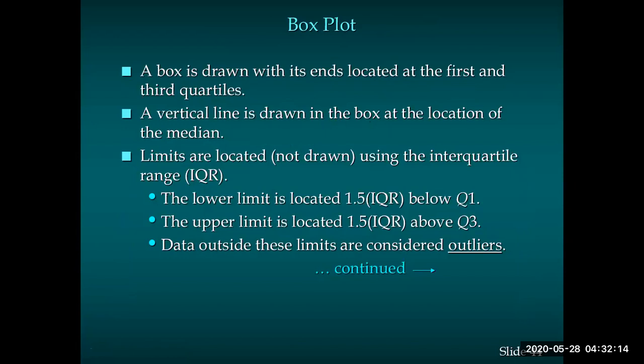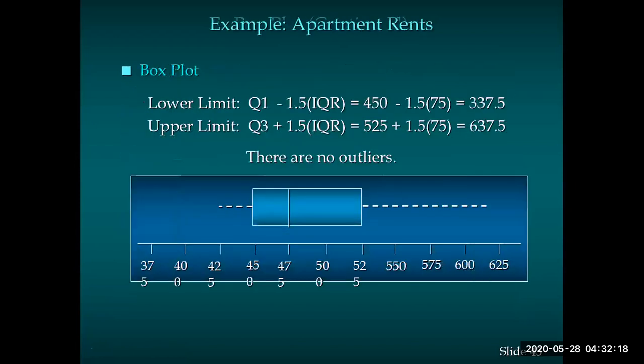Now, what is a box plot? A box plot is basically a diagram like this one. You can see there's this box in the middle and there are some lines to the left and to the right. So what are these lines indicating? This is my first quartile, which was 450 in the data set. This is my second quartile, which is 475.